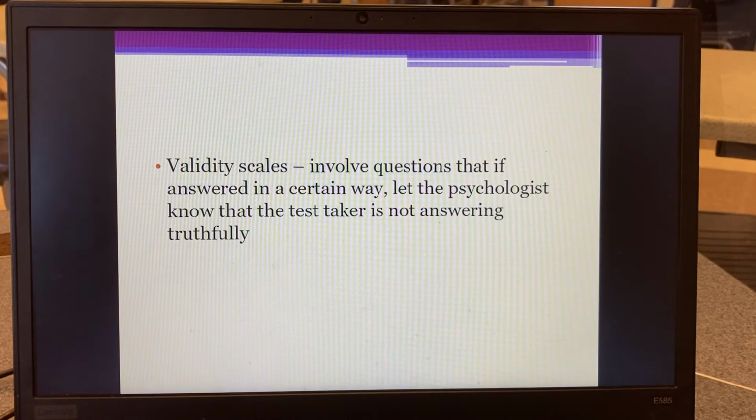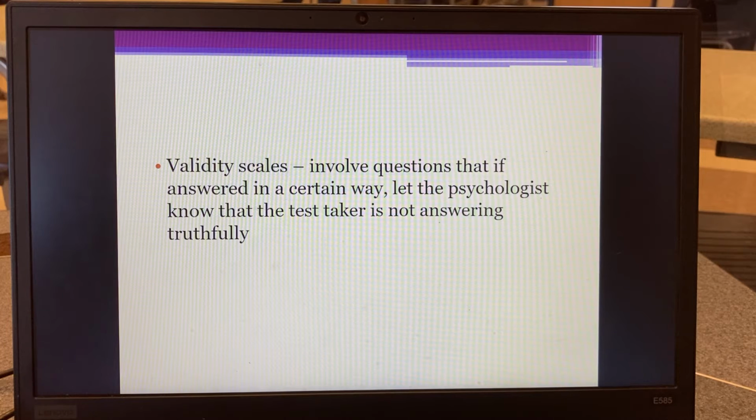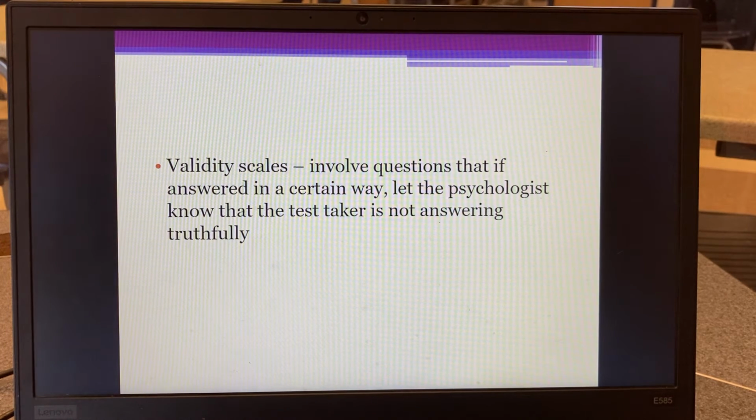So validity scales, you have to look at answers and how they're answered. Because if you're answering a question based on what you think the test or the person wants, then you're kind of going to give yourself away. And this comes into play if you're taking a job placement test.